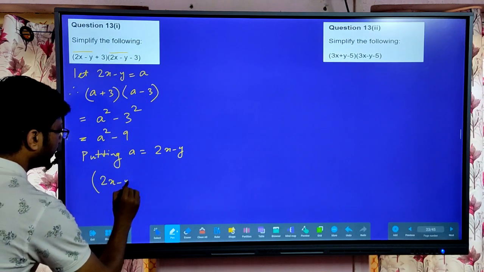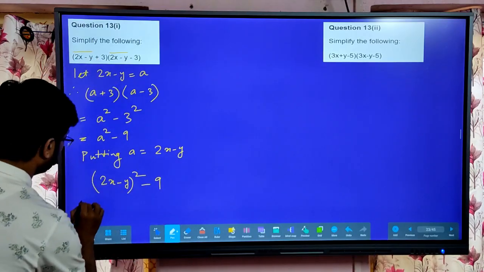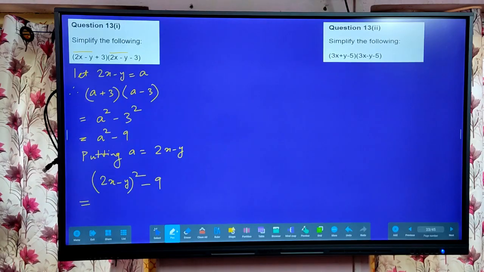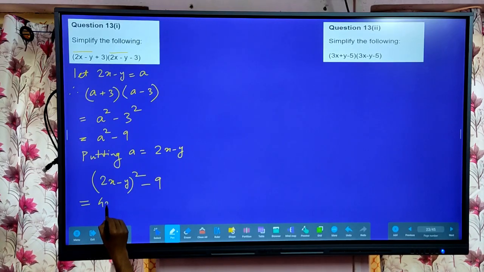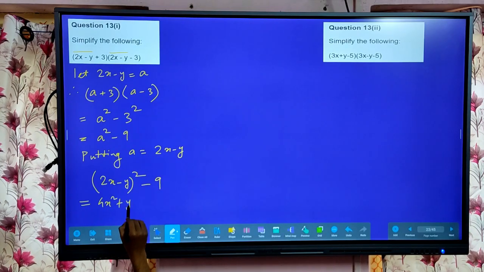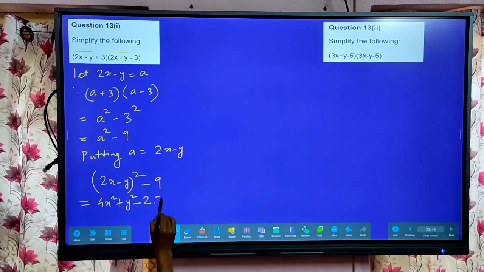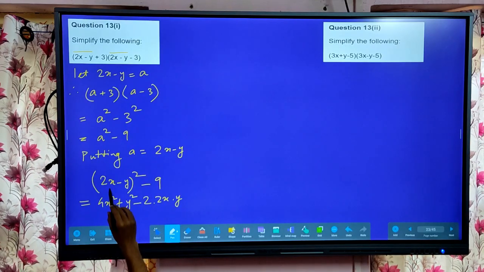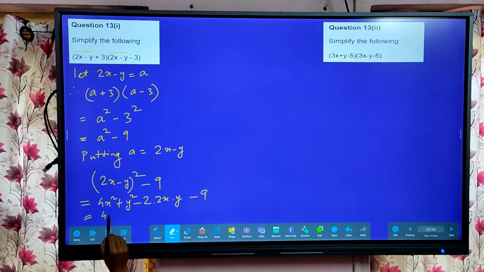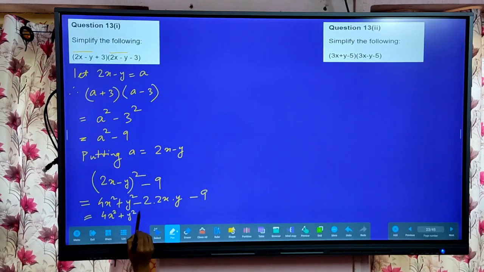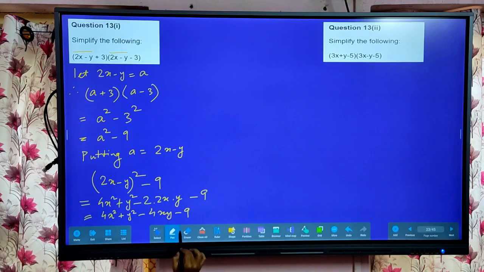So 2x minus y whole square minus 9. You have to expand it as a minus b whole square. So it will be 2x square, meaning 4x square, plus y square, where b is y, minus 2ab, minus 2 into 2x into y, minus 9. So it will come out to be 4x square plus y square minus 4xy minus 9. So this will be your answer.